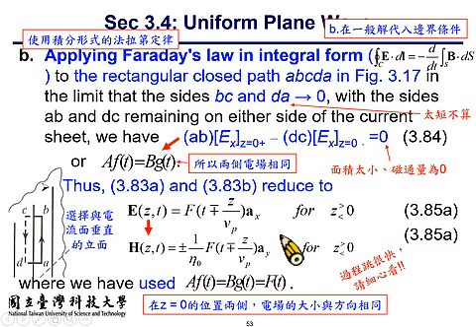Based on Faraday's law, we know that AF equals BG equals F at z equal to 0. And based on this result, we can simplify the general solution for E and H as these two functions.